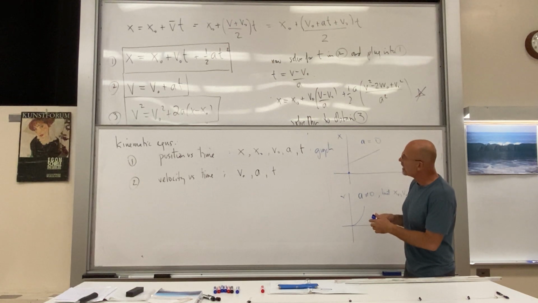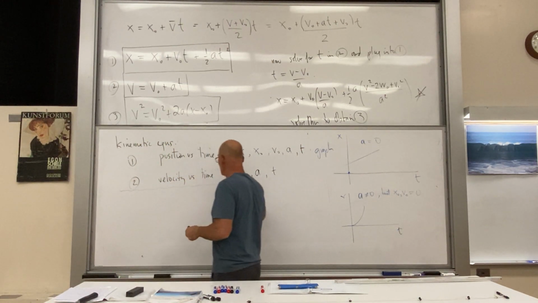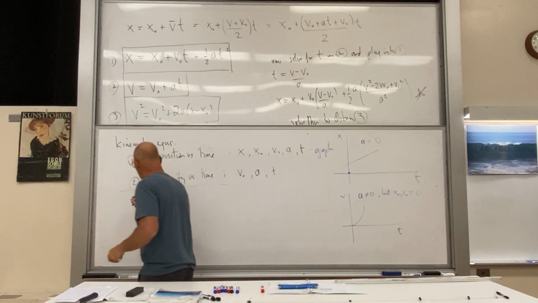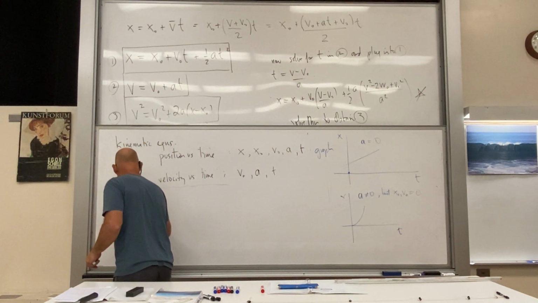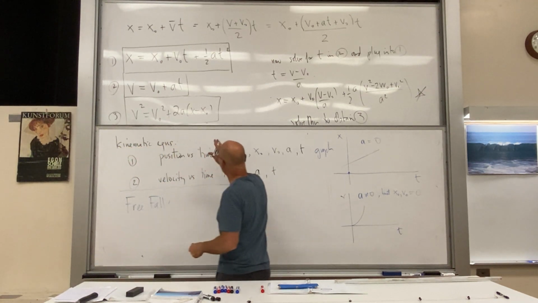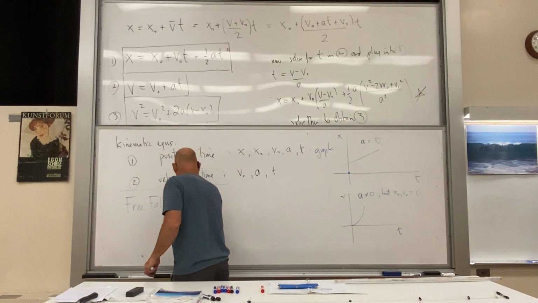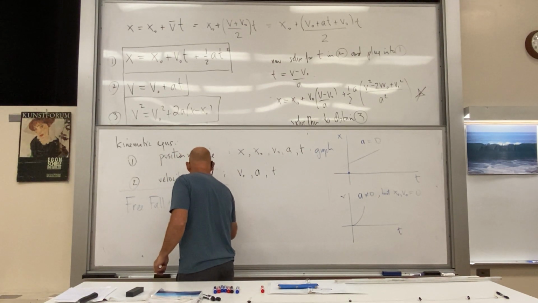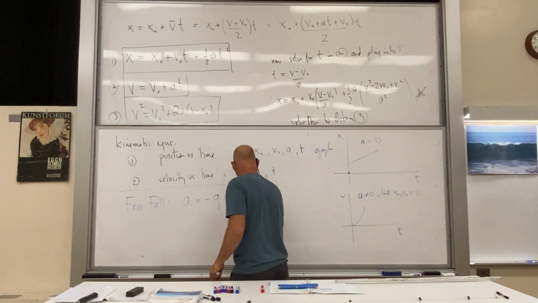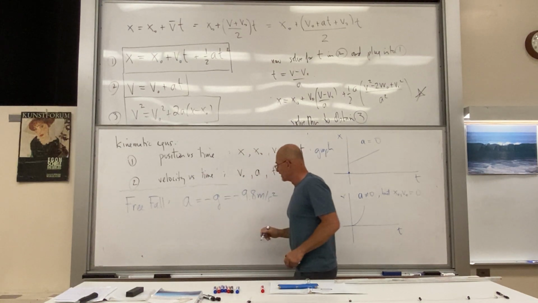They tackle free fall at the end, but we started with free fall because it was an interesting phenomenon. So for the law of free fall, and I'll end the lecture with this. So free fall, what we do is we take the kinematic formulas and we say that a is equal to minus g, which is equal to minus 9.8 meters per second squared.